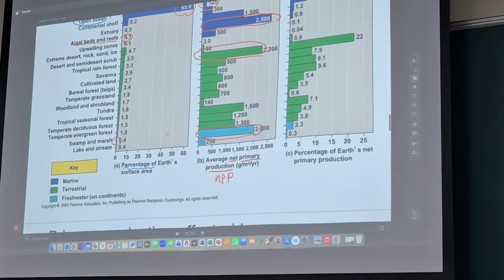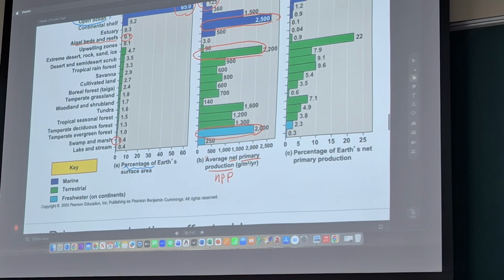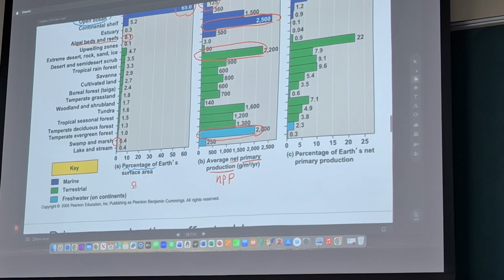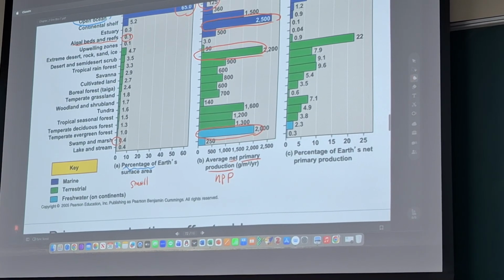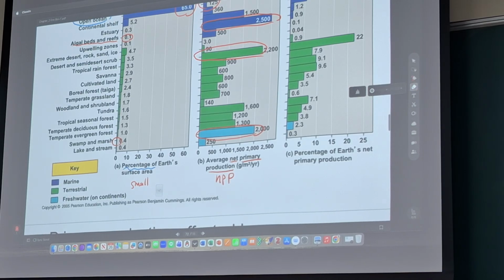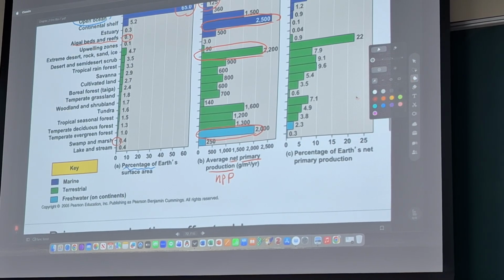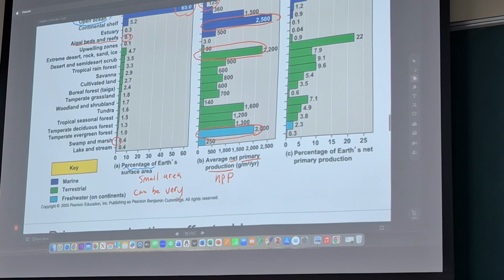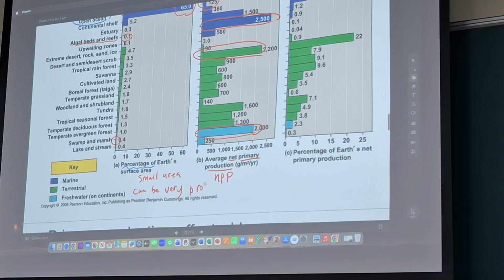Okay, so from figure A and B, they tell us even some small area can be very productive.